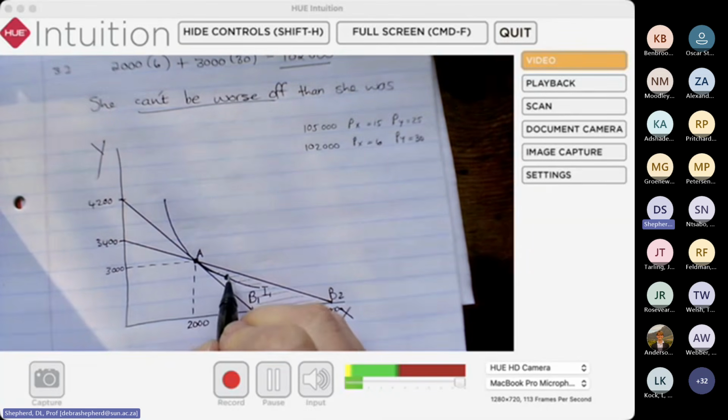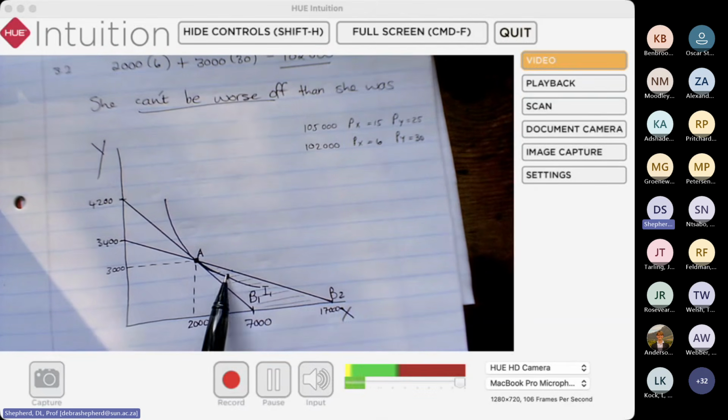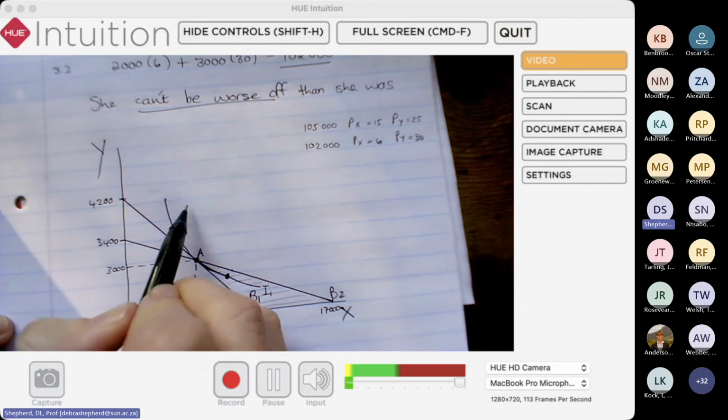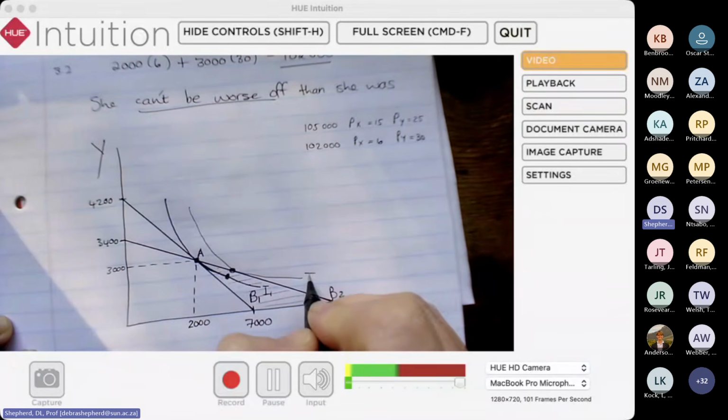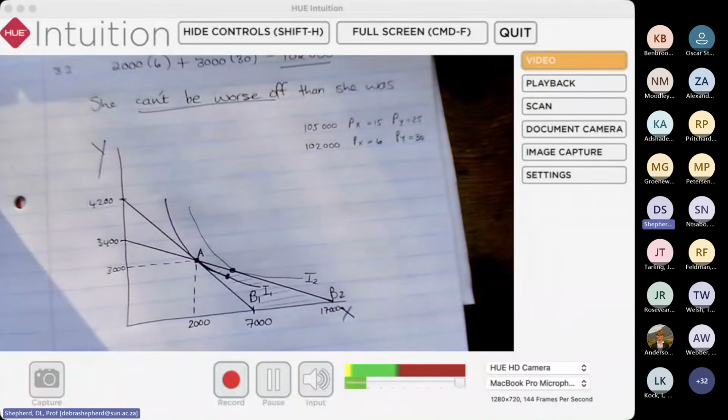But then we notice that this bundle lies inside her new budget constraints. And so in actual fact, she could be more satisfied. She now has the ability to consume on the higher indifference curve that is now tangent to her new budget constraints.